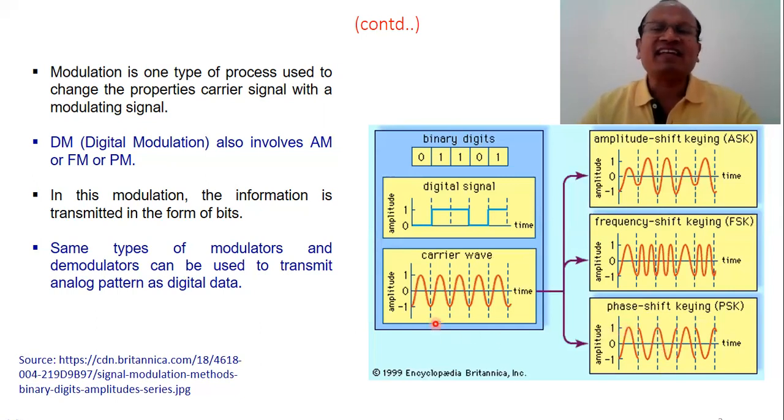So you can see in the second cycle, frequency and amplitude are not changing. There is only one cycle, but the phase has changed. Similarly, look at the third cycle. Again, the phase has changed. And look at the fourth cycle. It remains the same because it has a low value. Again, it becomes high, that is, the digital input becomes high.